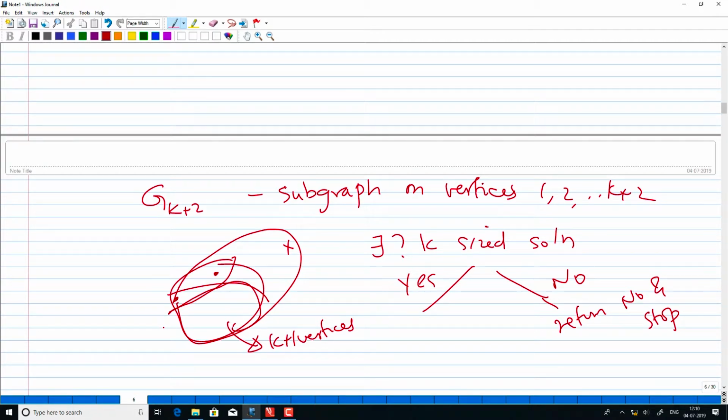Is that clear? I mean, writing all this formally will be a mess, but I can repeat if something is not clear. Is that clear? Yeah? This is iterate and compress, right? Enlarge the graph and the solution by one vertex and run your compression algorithm, keep doing it, and overall, the running time will be 2 power k times n or n minus k.